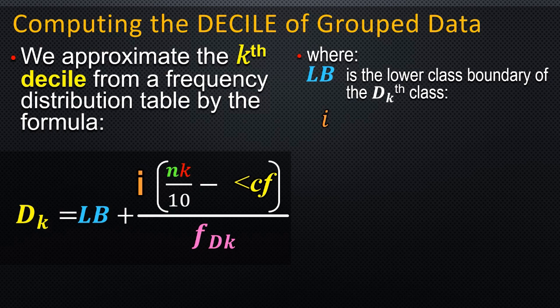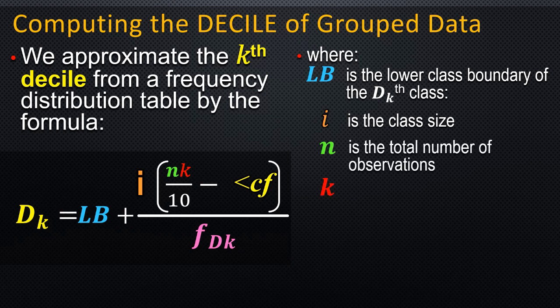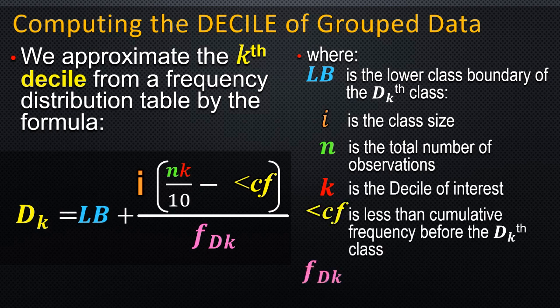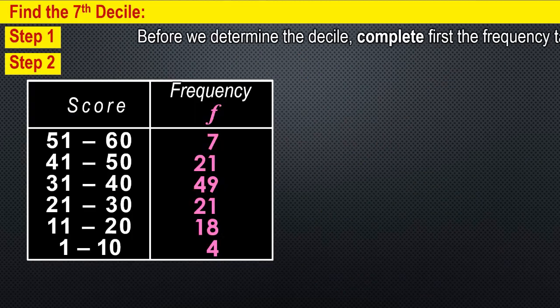LB is the lower class boundary of the decile class. I is the class size. N is the total number of observations. K is the decile of interest. Less than CF is the less than cumulative frequency before the decile class. FDK is the frequency of the decile class.